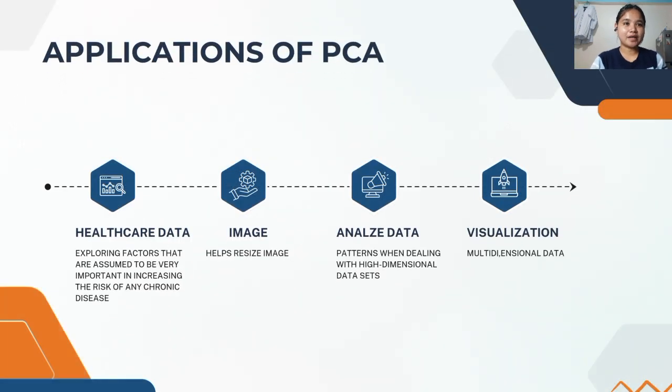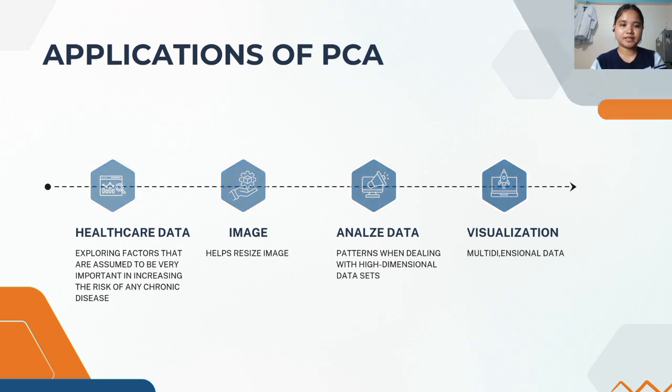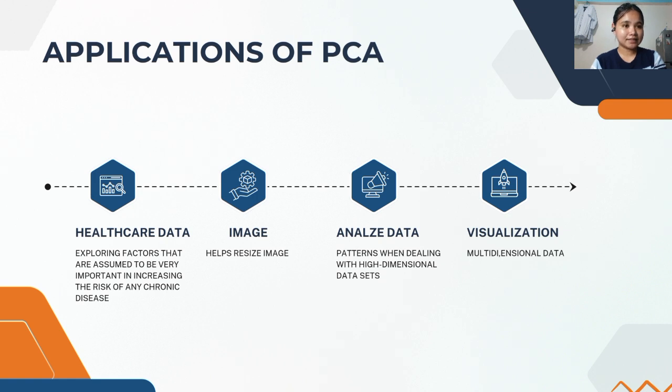Now let's explore some applications of PCA in real-world scenarios. One of the most important areas where PCA is applied is in healthcare data analysis. By examining factors that increase the risk of chronic diseases, we can use PCA to reduce the dimensionality of complex health datasets, enabling us to focus on the most critical variables.